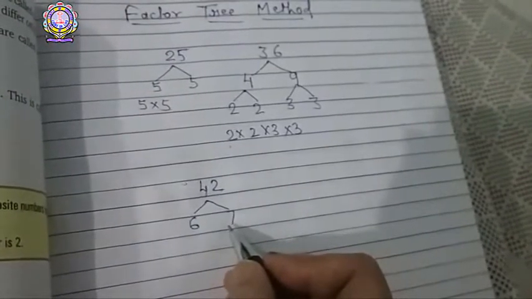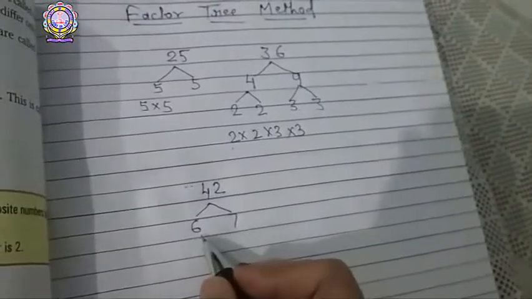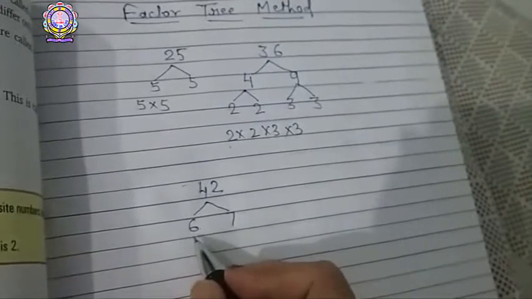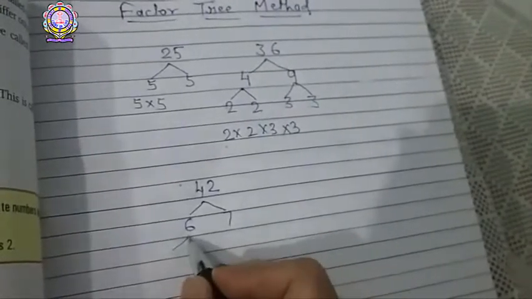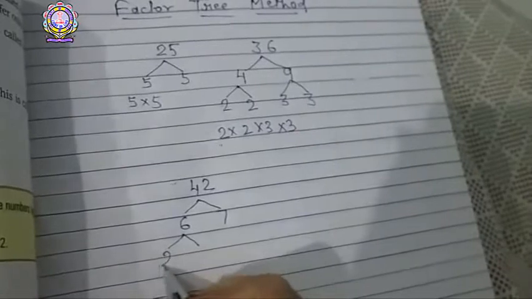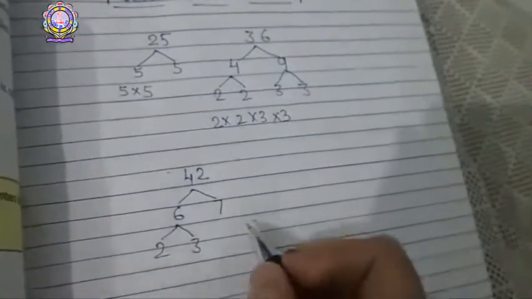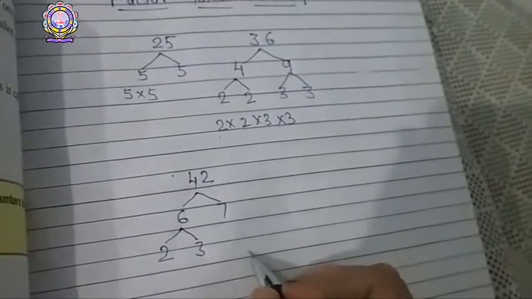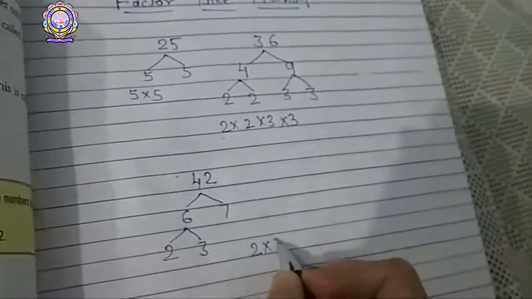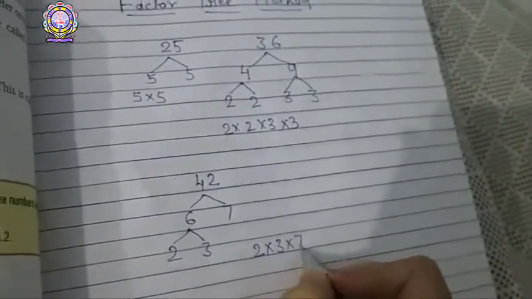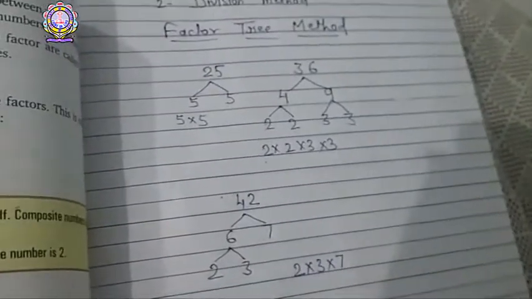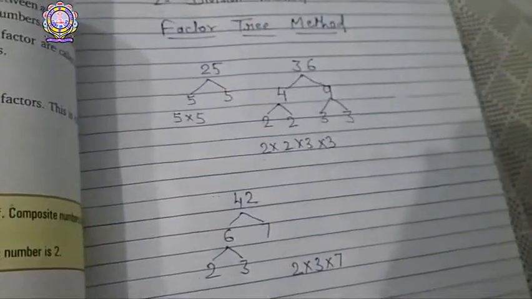So we cannot break a prime number. We can only break the composite number into prime factors. So we can break 6 into 2 3s are 6. So prime factors of 42 are 2 multiply 3 multiply 7. This is factor tree method.